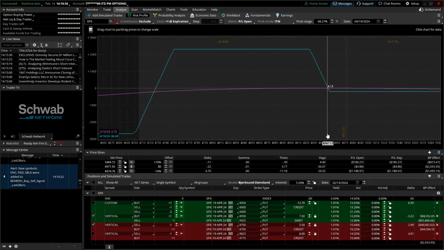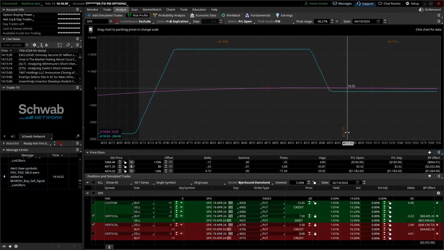Downside risk, right? So if we're going to make $270, do we want to risk $1,500 to do so? Probably not, because this is not going to be a profitable venture over a long period of time. If you're risking $1,500 to make $270, we want to keep our risk and our reward kind of aligned.